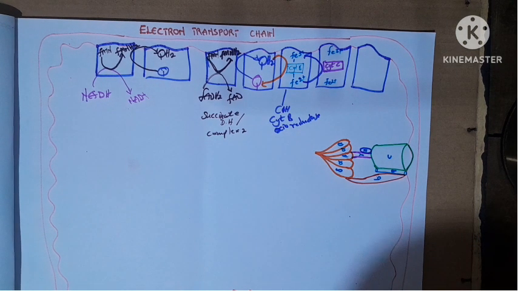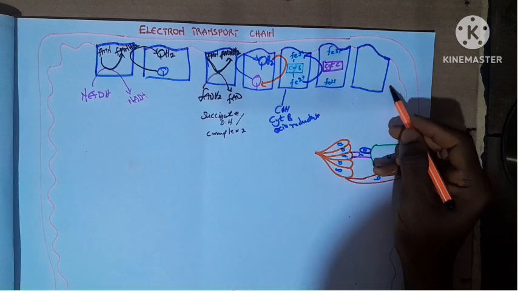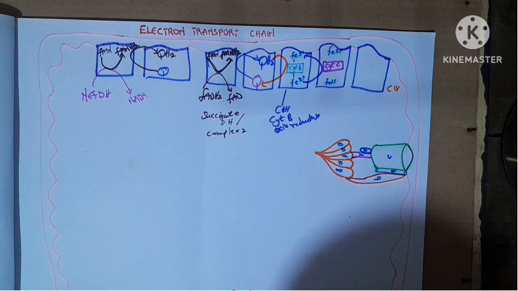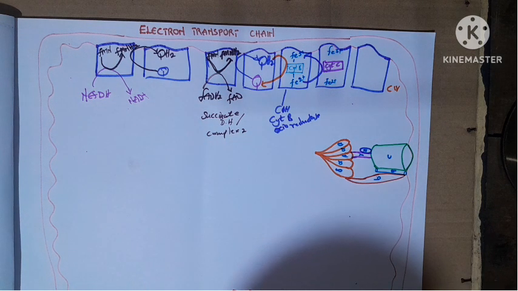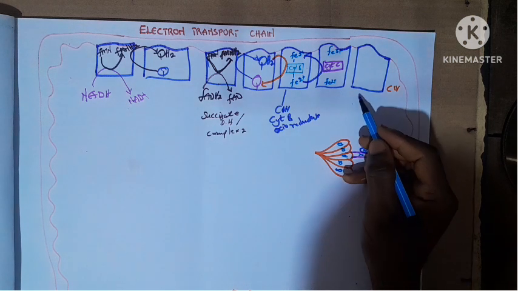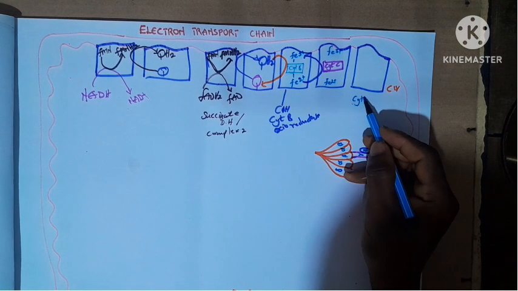Now the last, complex 4. This complex 4 is known as cytochrome oxidase.